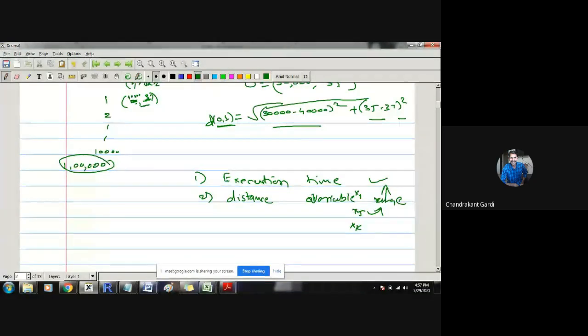X5 is going to have a dominant say in deciding what the distance will be. Whenever we calculate distance between two observations, the opinion of x5 will have more weightage than the other variables, because the range of x5 is larger, and therefore the difference between two x5 coordinates is going to be larger, and that difference is going to define the distance.